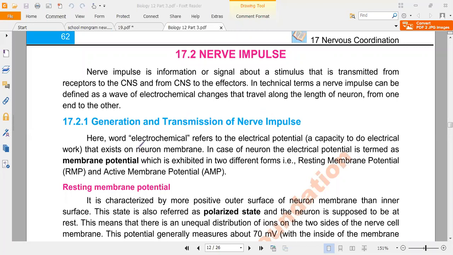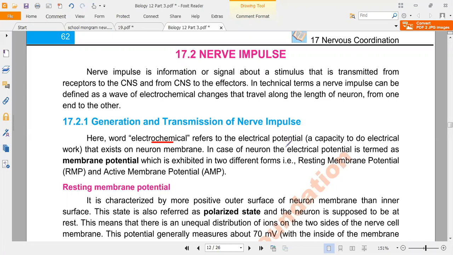Actually, the word electrochemical refers to the electric potential. So what do you mean by electric potential? Let's go to physics for some time. Electric potential means electric charges, or something that can do electrical work.